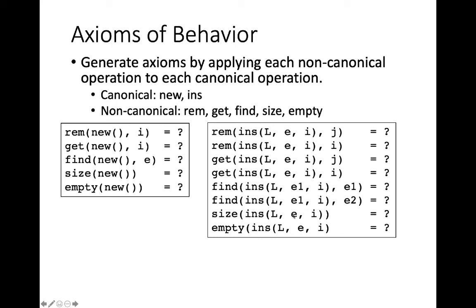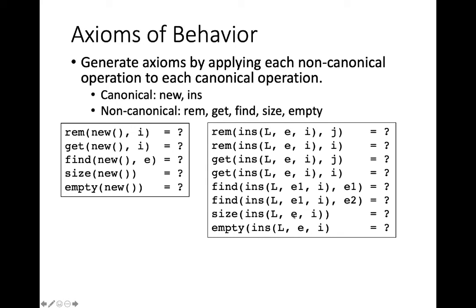Once I define what these axioms mean, I can combine them into bigger statements, other axioms, or other statements of proof about how this list is going to behave. So let's start with the ones on the left, where we are applying remove, get, find, size, and empty to the canonical operation of new.